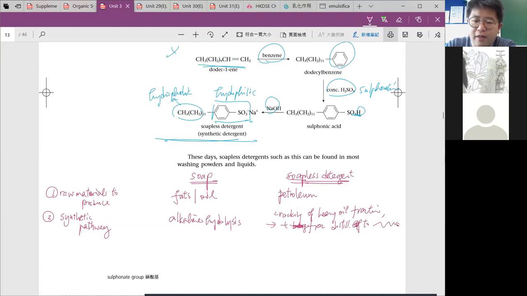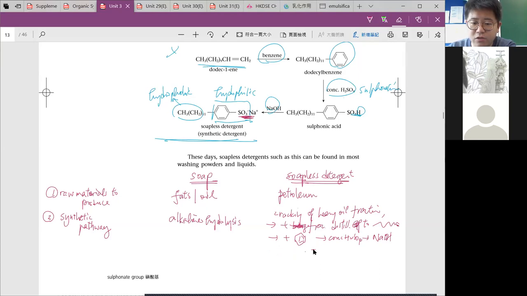Okay, and then you add benzene. You add concentrated sulfuric acid. Finally, I add alkaline to regenerate the part where we have the benzene sulfonate. This is one way. Okay, a long process.